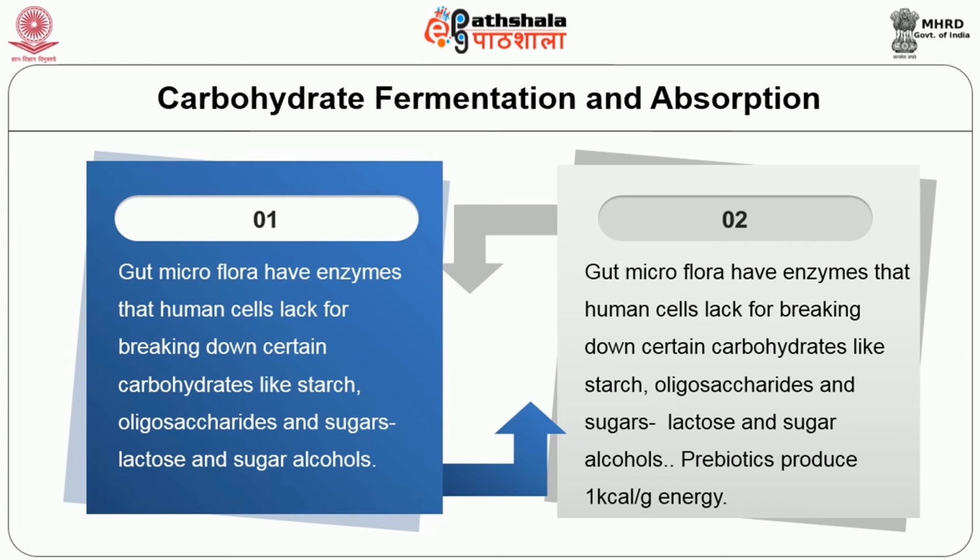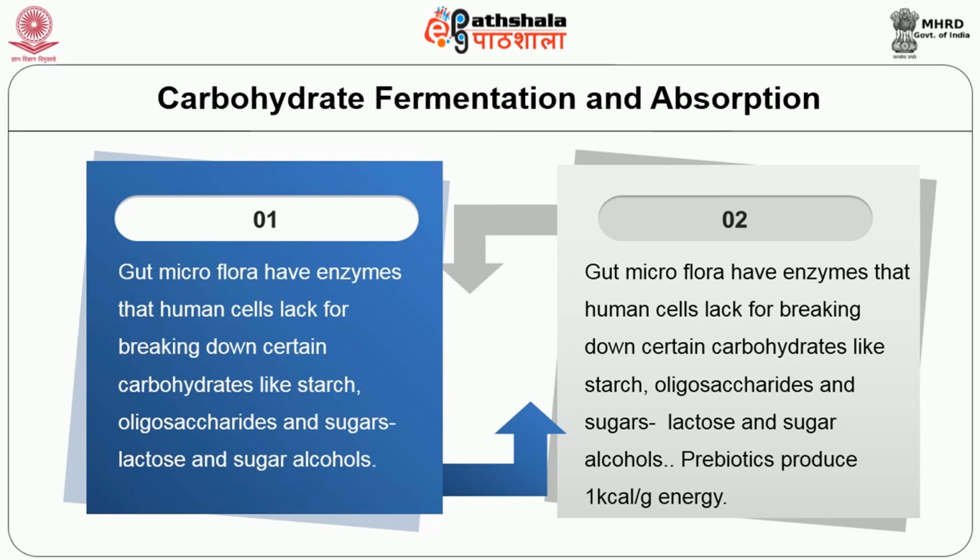So you will see the gut microflora which we discussed in the last class. They are the probiotics. These probiotics have certain enzymes which our human cells do not have. These enzymes produced by the microflora will break down certain substances like starch, especially oligosaccharides and sugars.